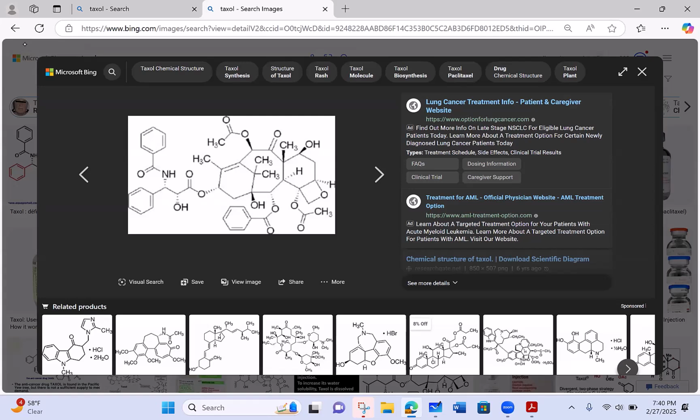But it takes 100 years to grow the tree that this comes from, because it comes from the bark of a tree called the Pacific yew. And even if you harvested all the bark from the tree, you're only going to get a few milligrams of this. Now think about it: you've got a milligram of Taxol and 1 million cancer patients.